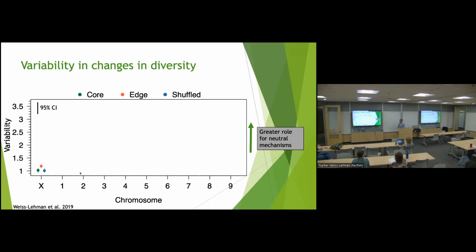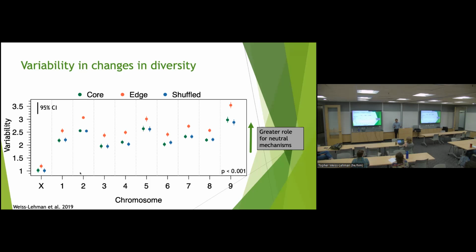For the X chromosome, we see a larger value associated with the edge populations compared to the core and the shuffled populations, which is consistent with our predictions for how gene surfing should affect these changes. In fact, we see that across the genome as a fairly strong pattern: the edge populations show a much greater degree of variability in these changes in nucleotide diversity.